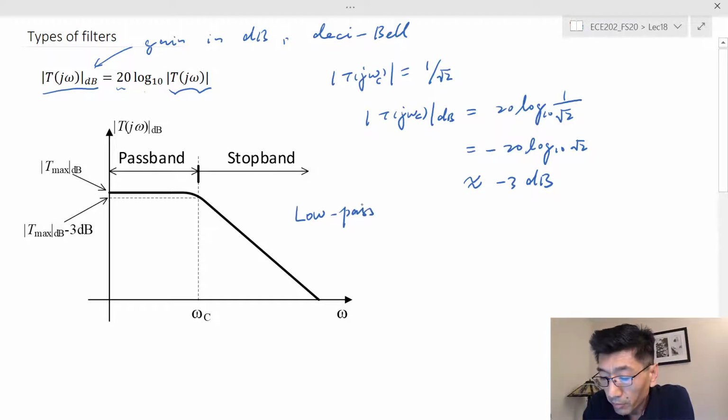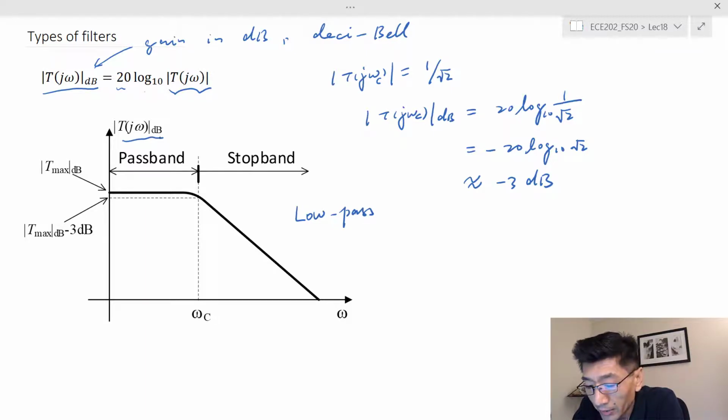For the low pass filter, we have this basic redraw of the low pass filter we had before. The only difference is that rather than drawing T(jω), the gain function itself, we are drawing the dB version of that. So basically we take 20 log of this gain function.